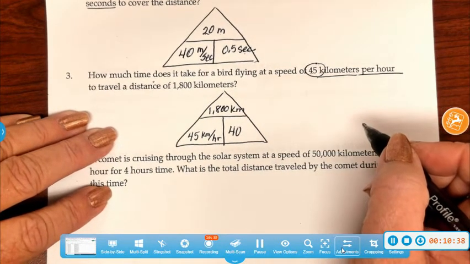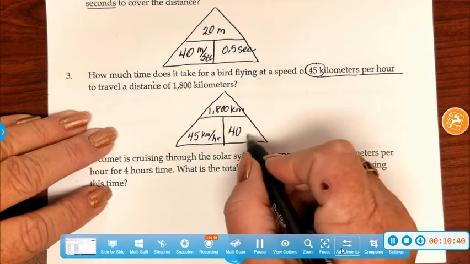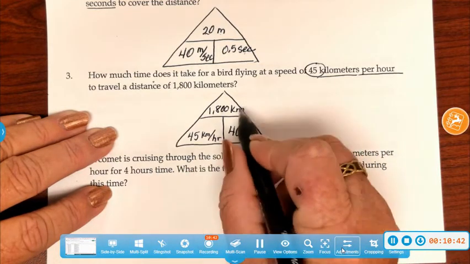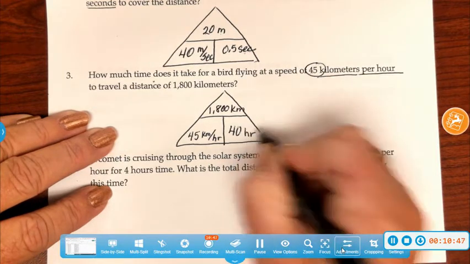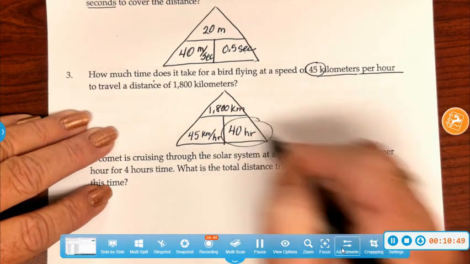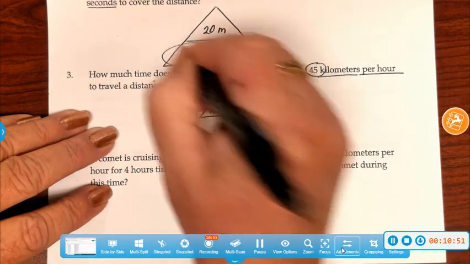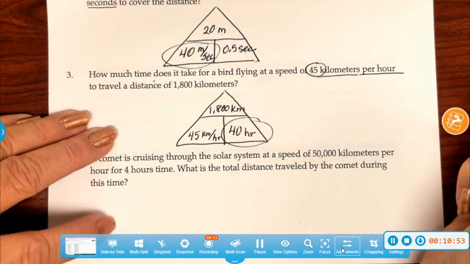Hours. Yeah, it needs to be a time, and the only time I see here available is in hours. Okay, and there's your answer, and you want to circle your answer so I know which one you're working out.